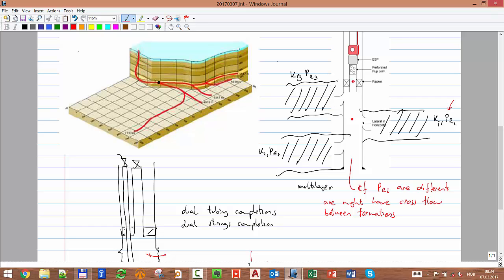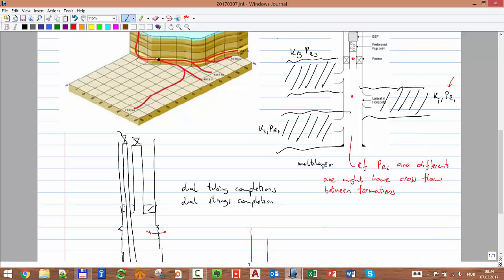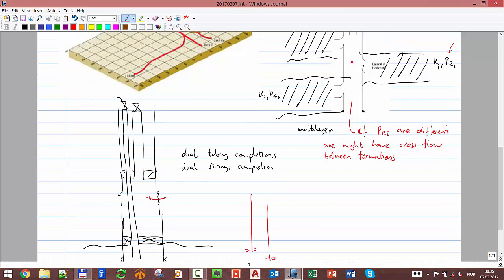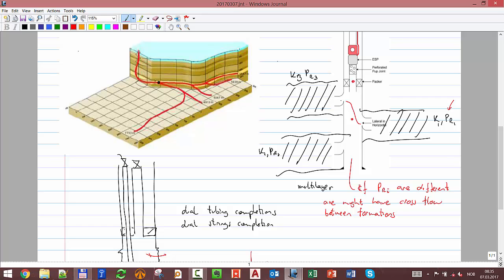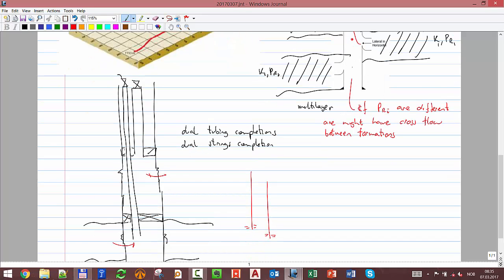Okay, and some formations will start to charge. For example, that formation, if its reservoir pressure is higher than that one, it will start to charge the other one. So you will have some influx of one of the fluids to the other. One formation with high pressure will charge the other formations.